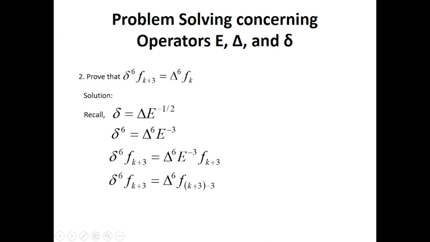Or plus negative 3. So, in that case, magiging lowercase delta to the power of 6 f sub k plus 3 equals uppercase delta to the power of 6 f sub k. And that is to be shown. Okay? Na-prove na natin. QED. Okay? So that ends my discussion.